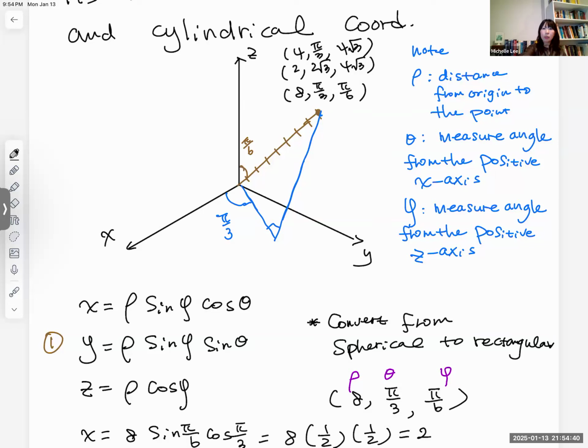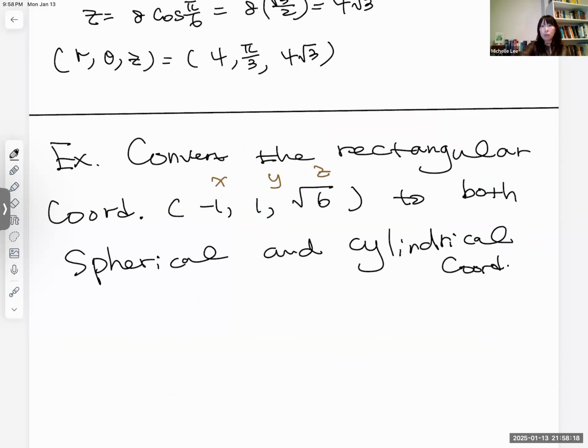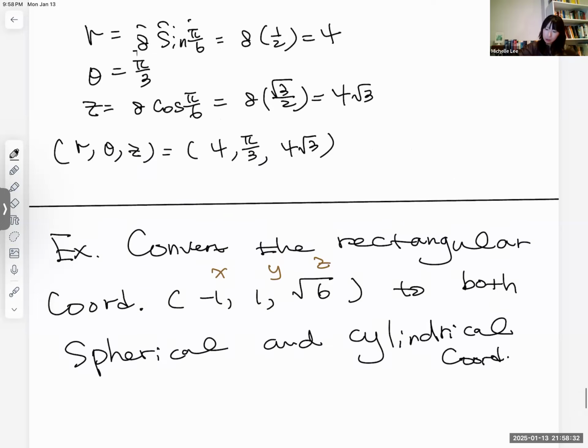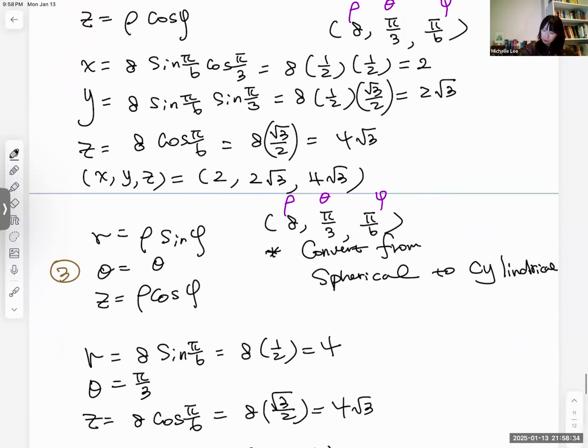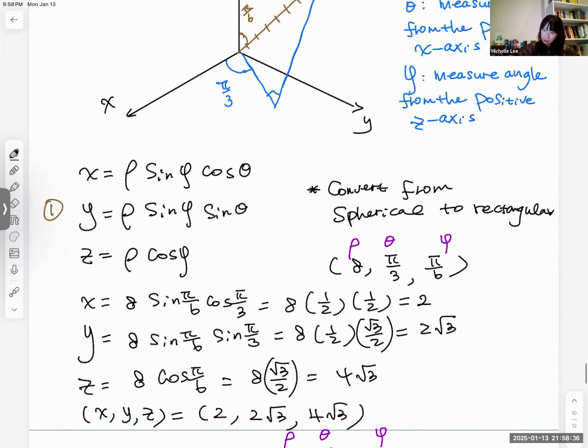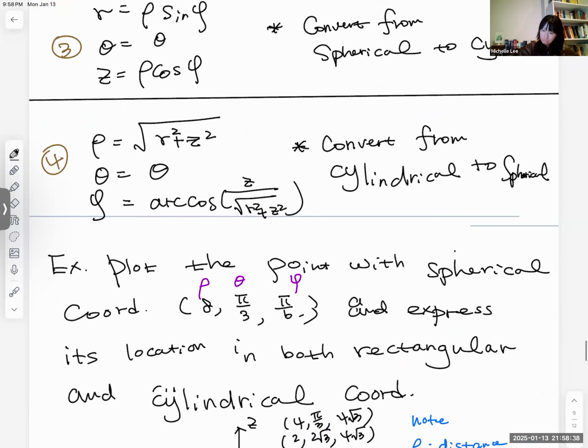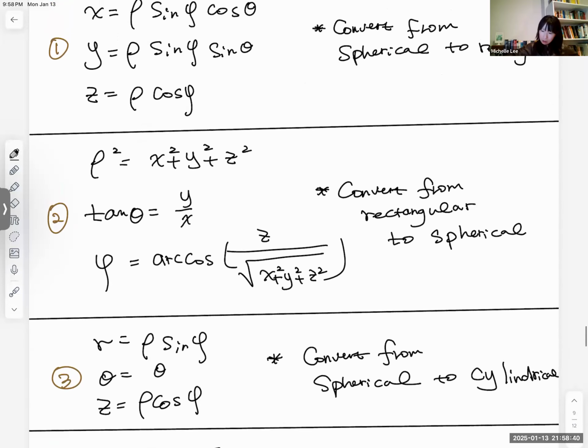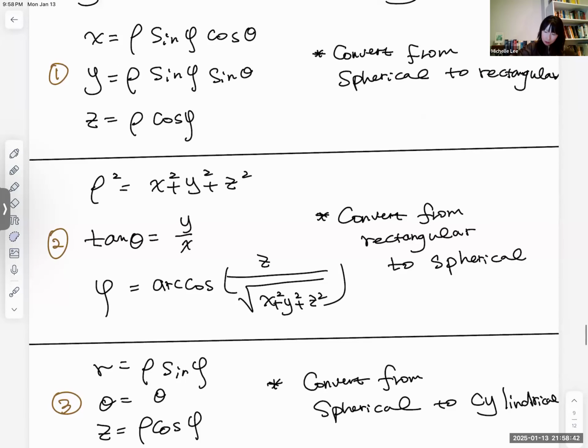Let's do one more, the other way. We have an example to convert a rectangular coordinate to spherical and cylindrical. Let's do spherical first. So rectangular to spherical, using this one.